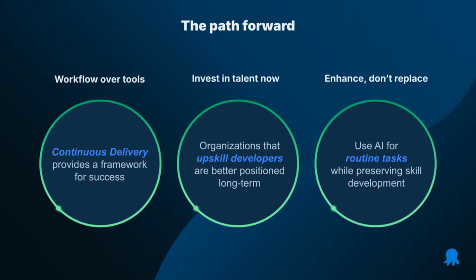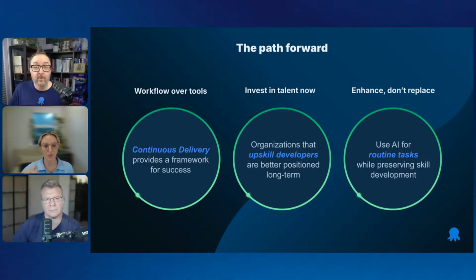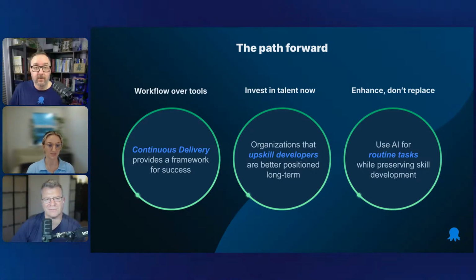And lastly is enhance, don't replace, which is to use AI for repetitive routine tasks, while preserving skill development and nurturing those critical problem solving skills at all levels of experience.